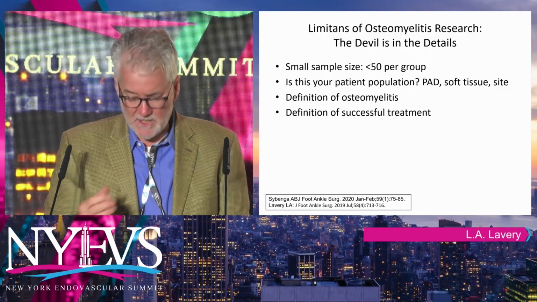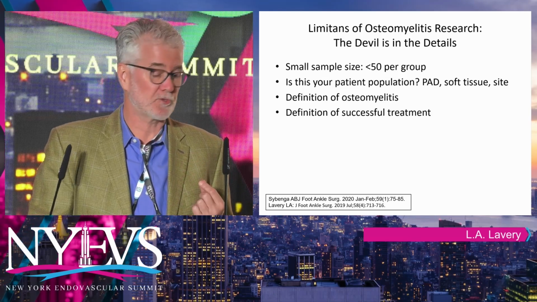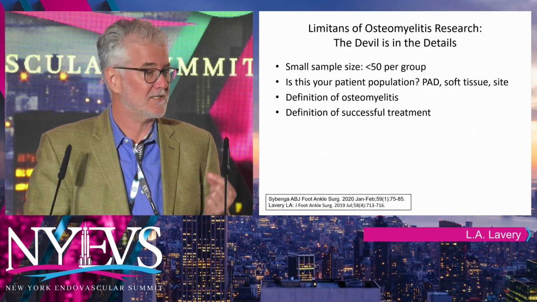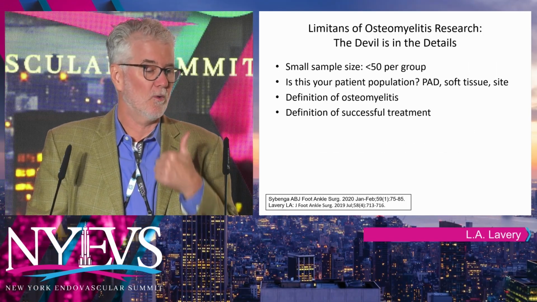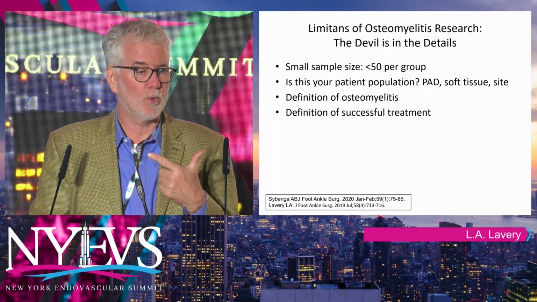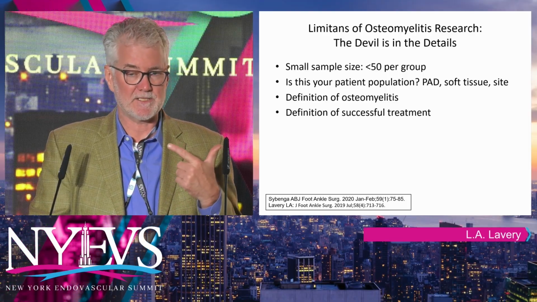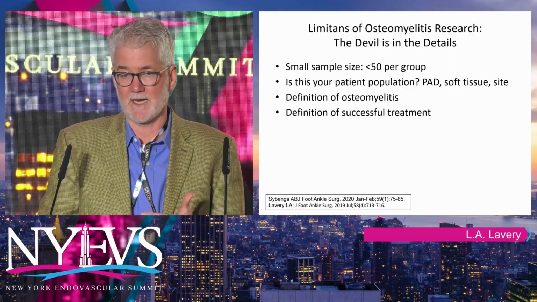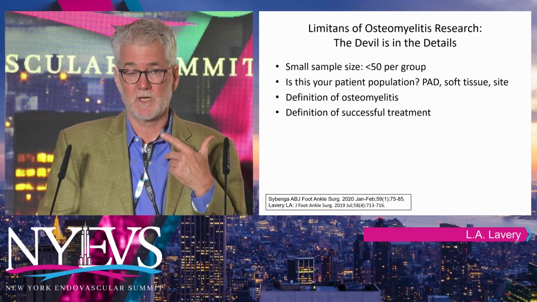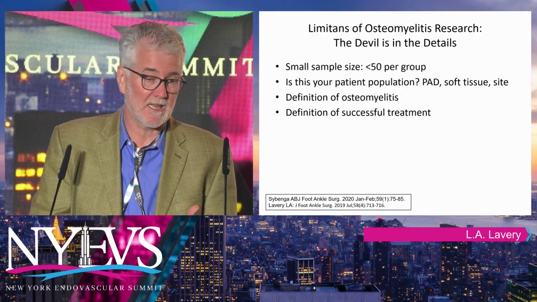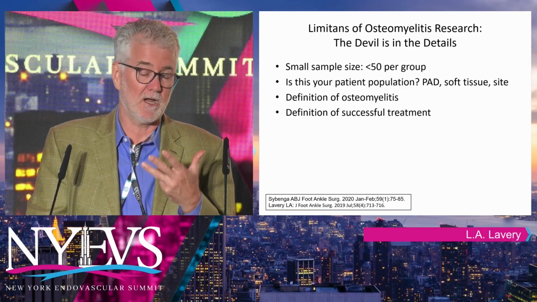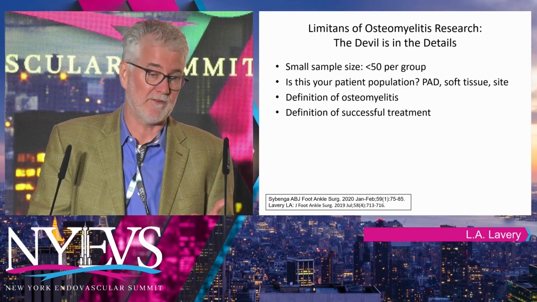And then I think you have to look at the definition of what successful treatment is. Many of these studies use wound healing or no recurrent ulceration as a measure of successful treatment for osteomyelitis. Most studies don't use whether they have another infection, and specifically another infection of the bone at the site of the previous infection.